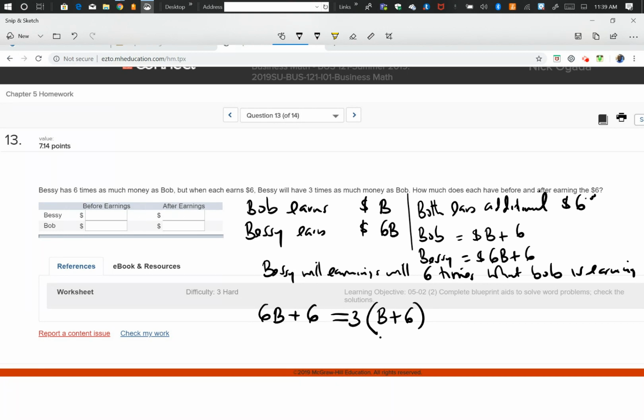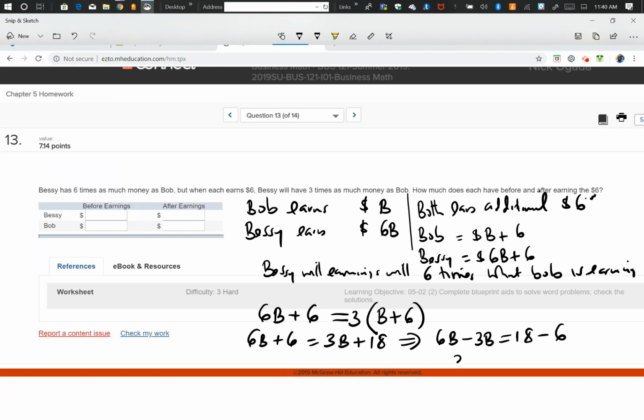Now it's easy for us to solve this equation by just collecting all like terms together. So we have 6B plus 6. Now you open up the parentheses here, so we have 3B plus 3 times 6, that is 18. So you collect all the terms together. Subtracting 3B from both sides is the same as saying 6B minus 3B should be equivalent to 18 minus, of course, 6.